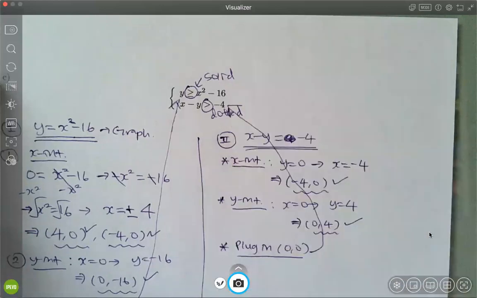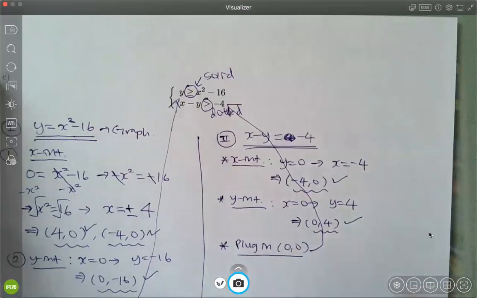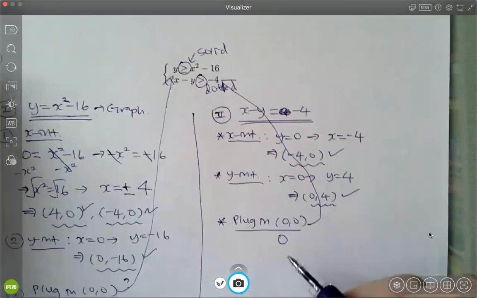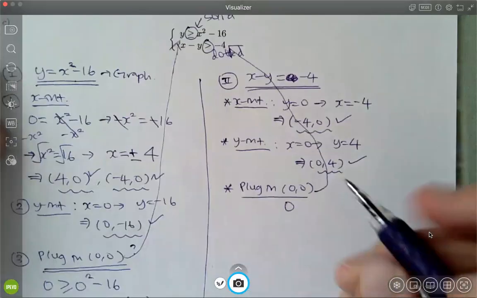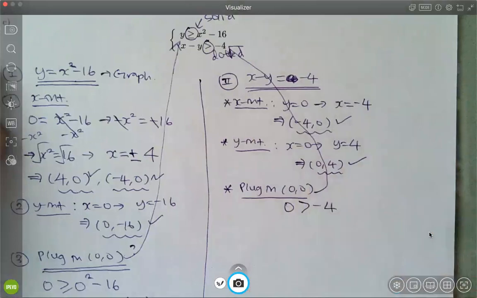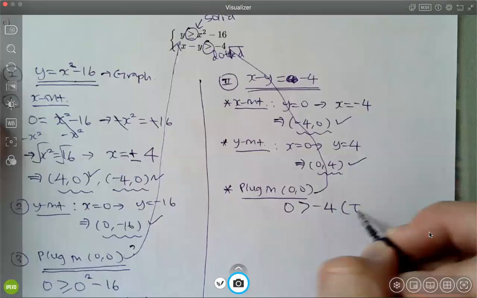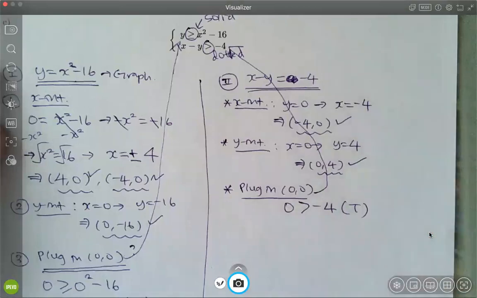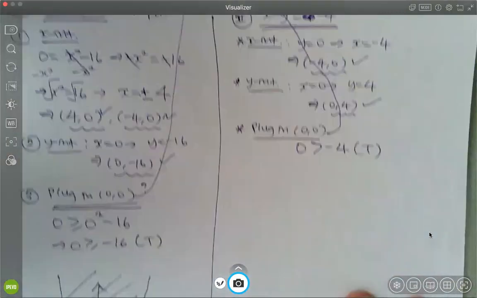So what do you get? 0 minus 0, which is 0, is greater than negative 4, which is a true statement. Okay, so we have to shade the region that contains the origin. Okay, so what does that mean?